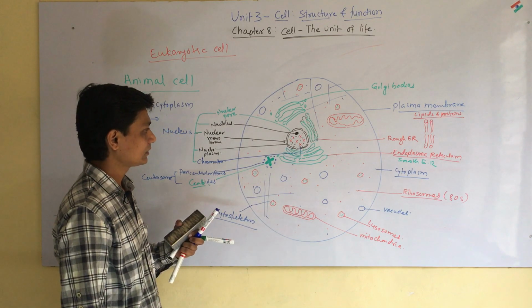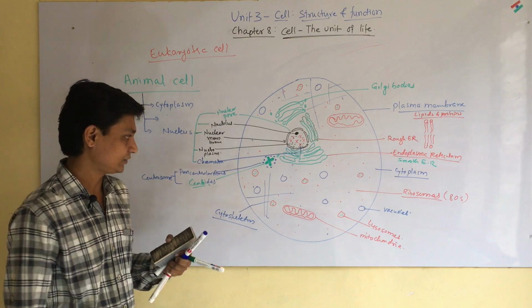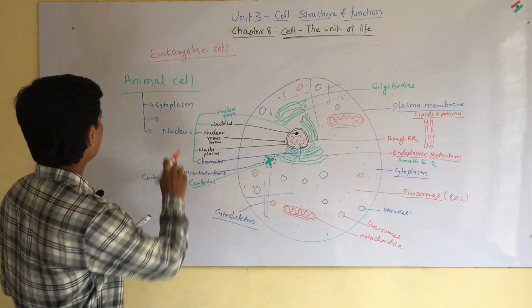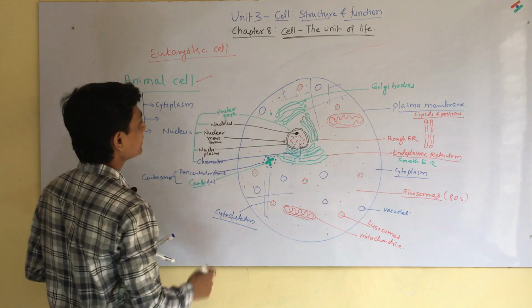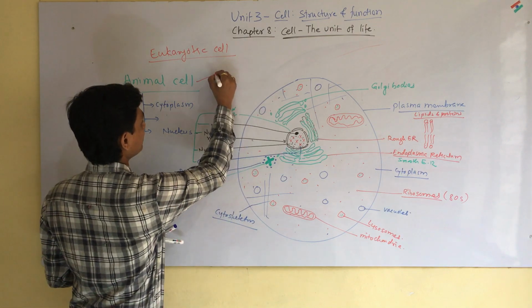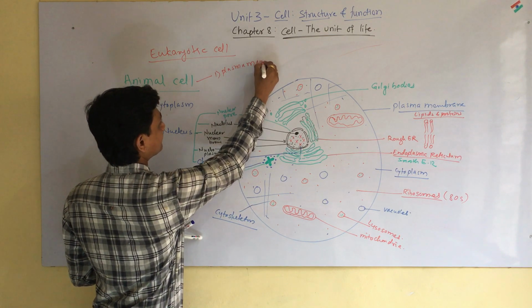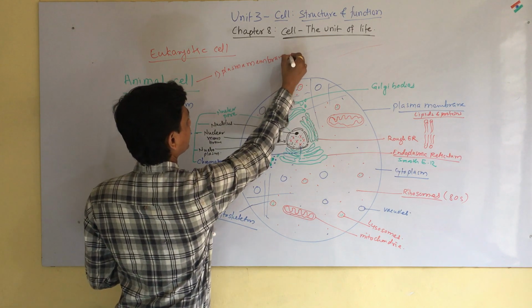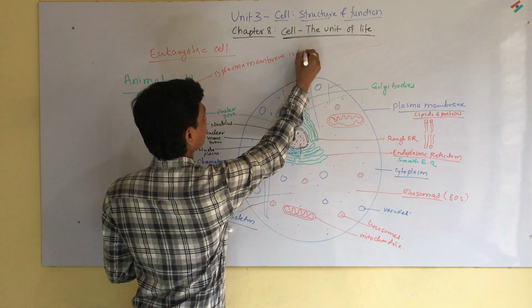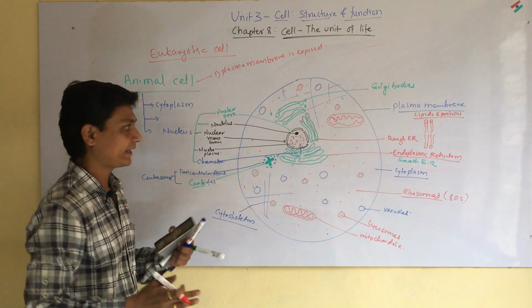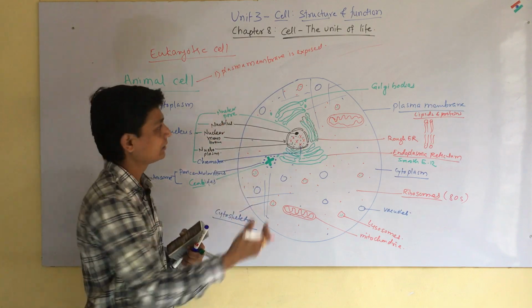This is the animal cell, an animal cell having some structures in it, and all these structures are membrane bound structures except the ribosomes. The unique feature of this animal cell is that the plasma membrane is exposed, in direct contact with the other cell.